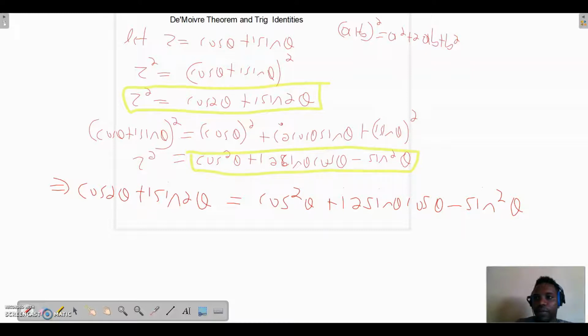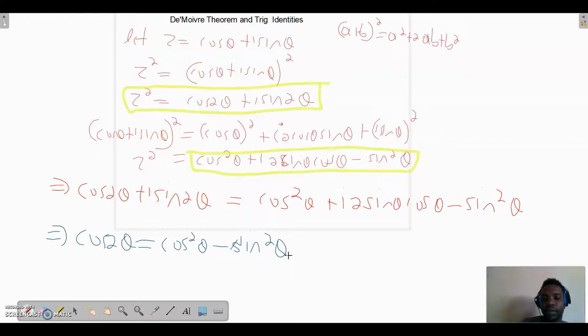Let me change the color here. So this would imply that cos 2 theta would be equal to the real part on the right, which is cos squared theta minus sine squared theta. It also implies that the imaginary part, which is sine 2 theta, would be equal to the imaginary part, which is 2 sine theta cos theta.